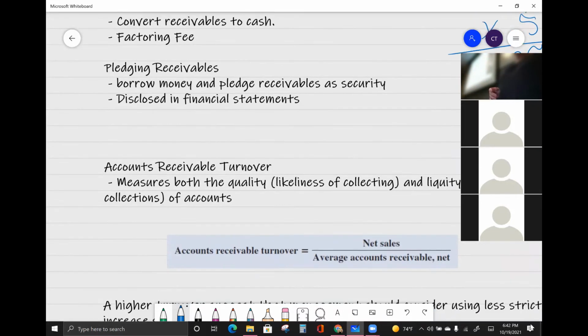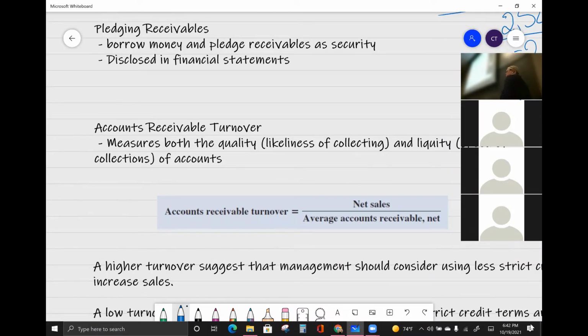I made a note here. Remember we talked about the disclosure principle? So we have the financial statements. It lists out your balance sheet, your income statement, statement of retained earnings, cash flows. You have all those statements. But sometimes the numbers don't always tell you everything. We have to disclose it in the financial notes.